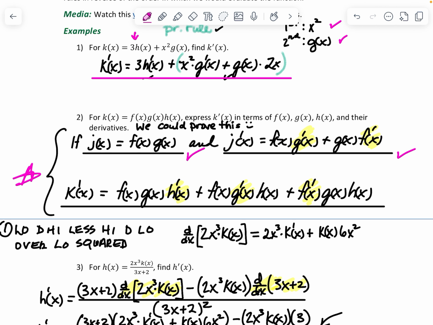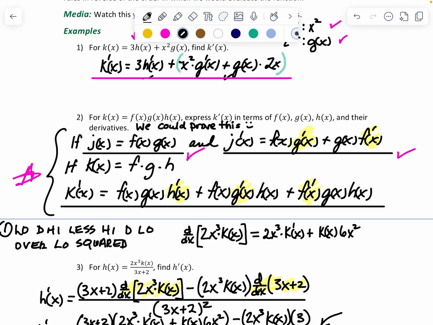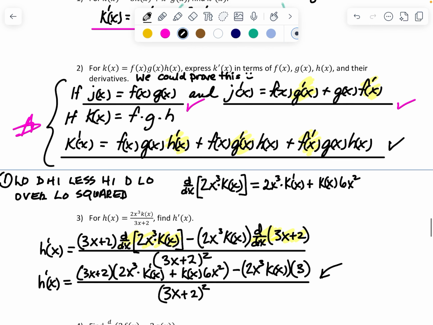And so the same thing is going to happen here: if k of x is equal to f times g times h, all functions of x, then k prime is equal to f g h prime, f g prime h, and f prime g h, and that's the rule.